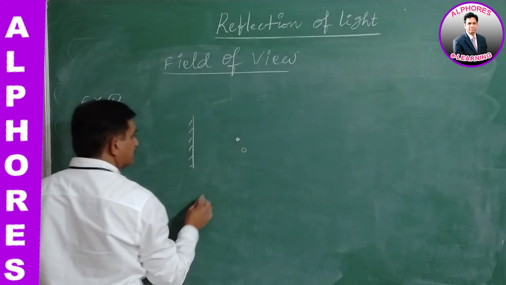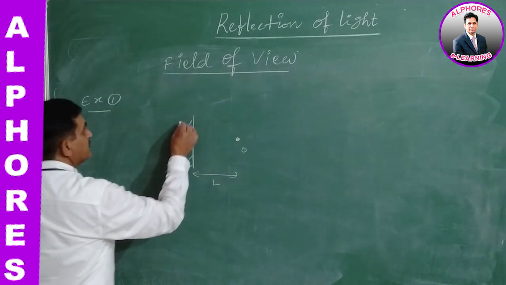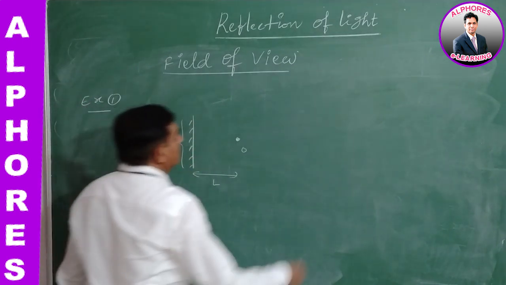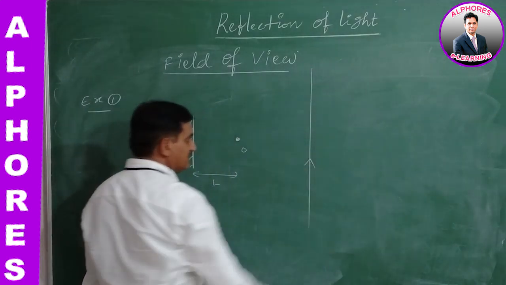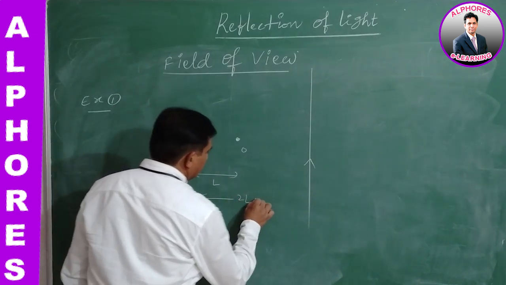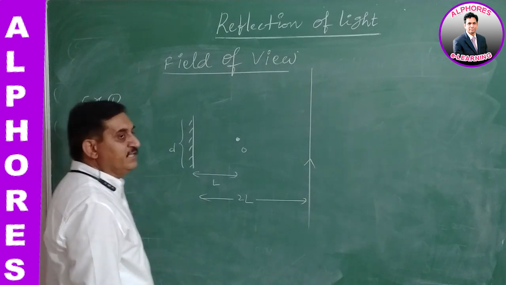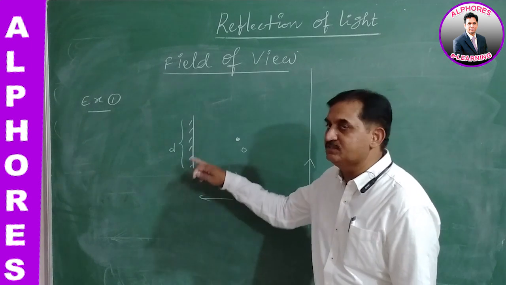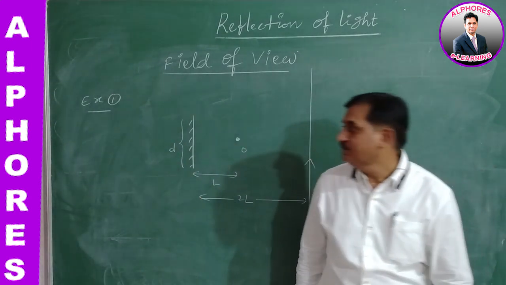The object is kept at a distance of L, and the length of the plane mirror is D. A person is moving parallel to this plane mirror along this line at a distance of 2L. The range up to which this person can see the image of this object in the plane mirror is, this is the question. Once again I repeat.